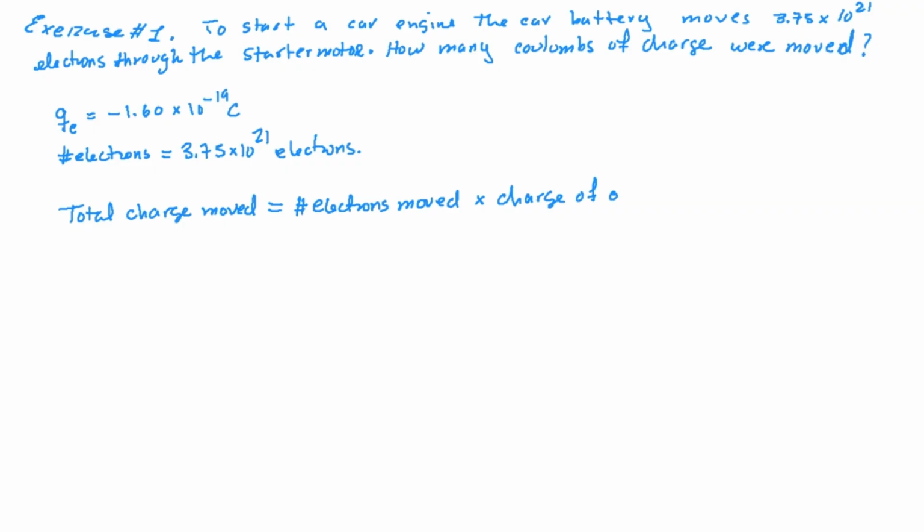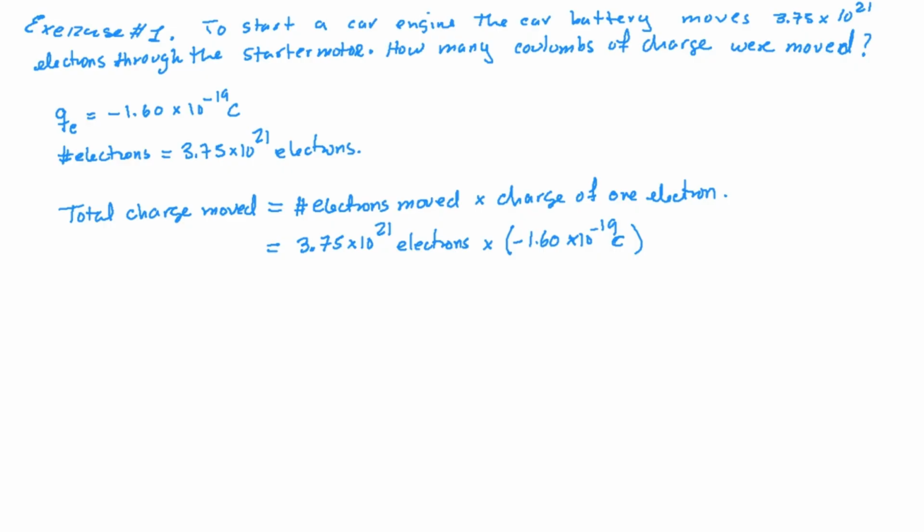We multiply the charge of one electron times the number of electrons moved, we will get the total charge that was moved. So total charge moved would be the number of electrons, 3.75 times 10 to the 21st electrons, times the charge of the electron, negative 1.60 times 10 to the negative 19 coulombs per electron.